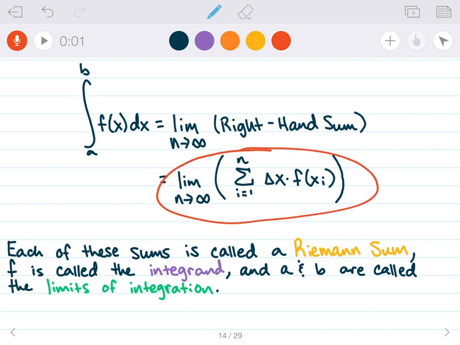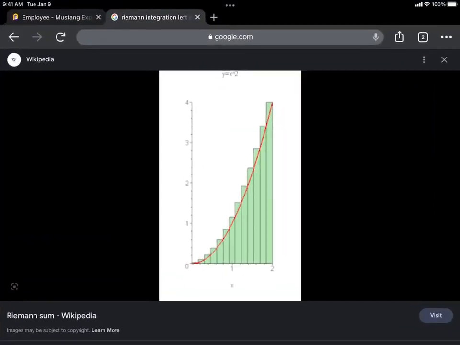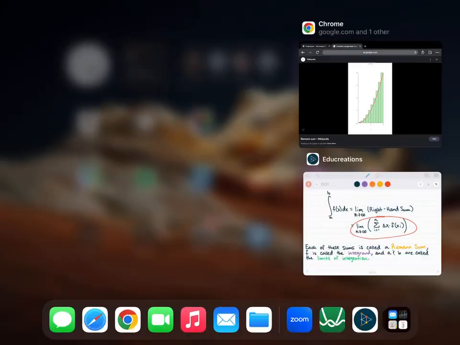What does this mean in terms of summing up infinite rectangles? Can you see that in your head? And I always go back to this little animation. This is exactly what is happening here with this limit definition. All right.